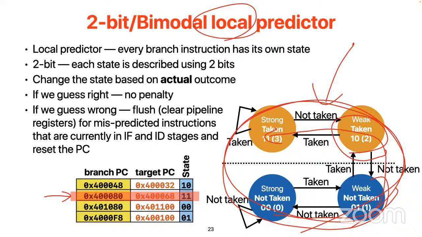If it's smaller, then not taken. To maintain the counter, whenever we see a taken, we increment it. Saturating means that if it reaches the maximum, we are not going to increment it anymore. And the same thing, if we see a not taken, we decrement it.